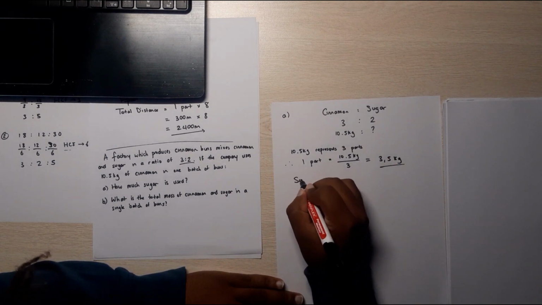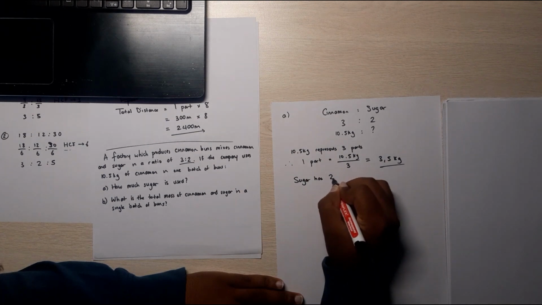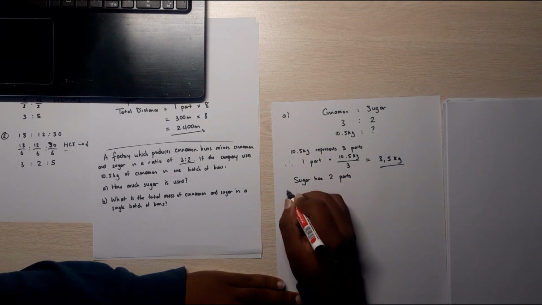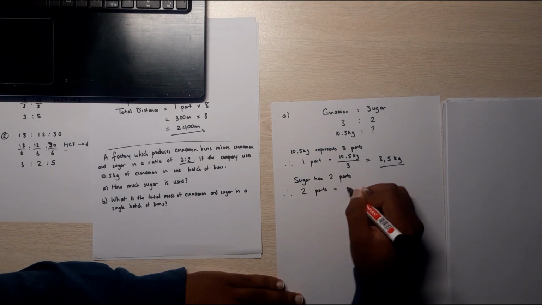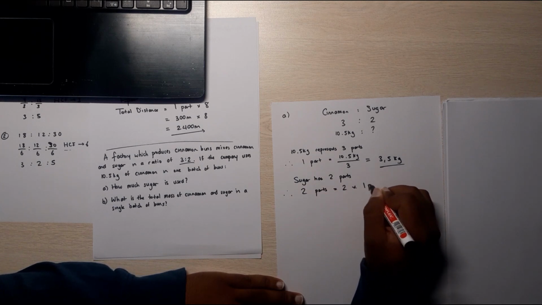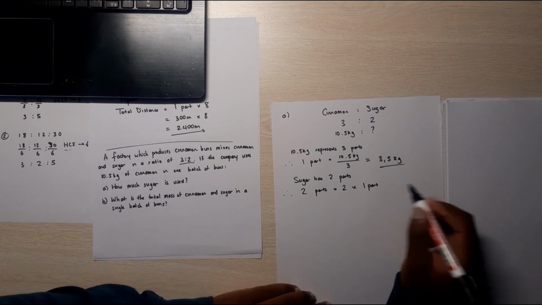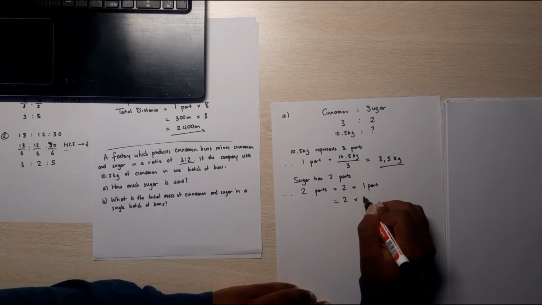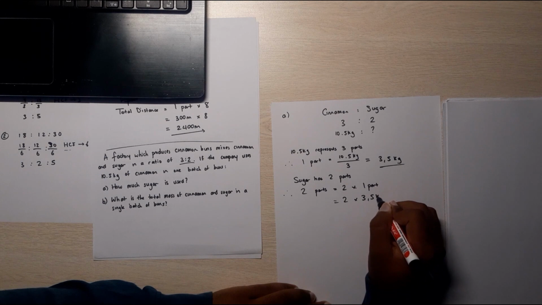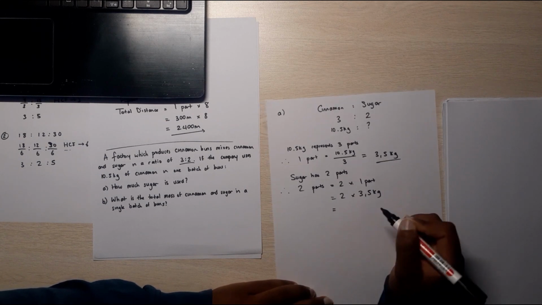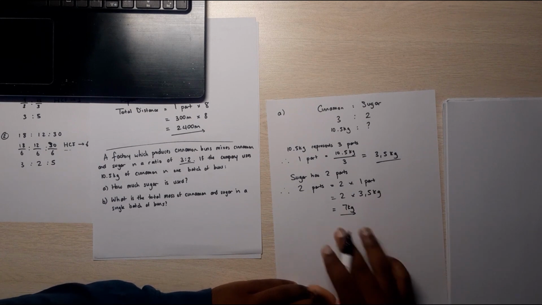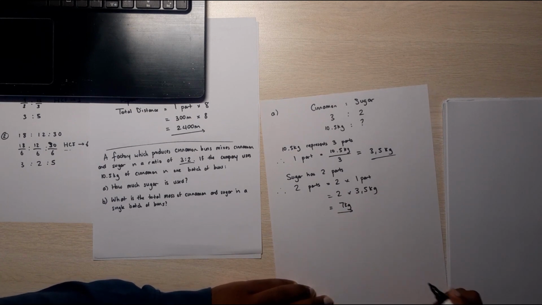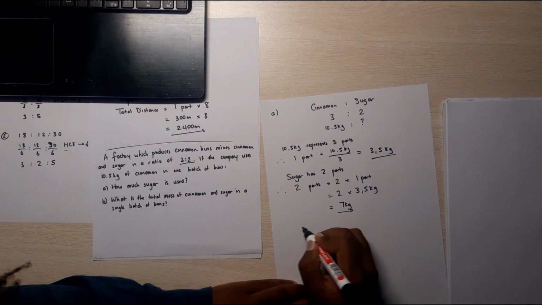So sugar, therefore, 2 parts is equal to 2 times 3.5 kilograms, which is equal to 7 kilograms. And this is how much sugar is used in one batch.